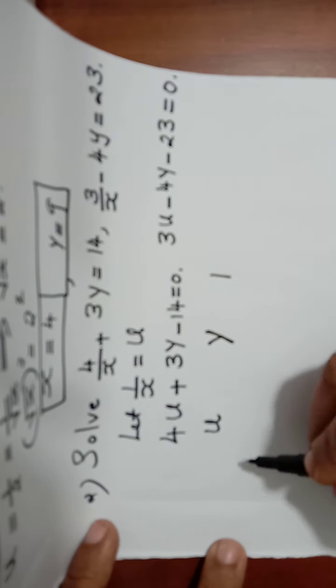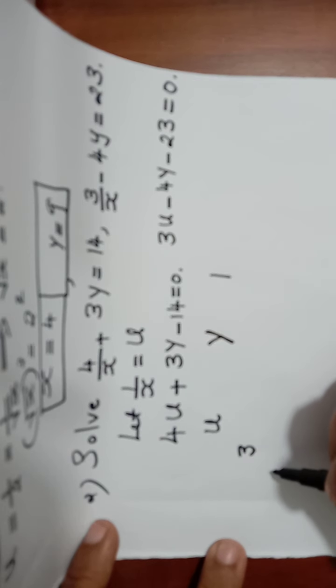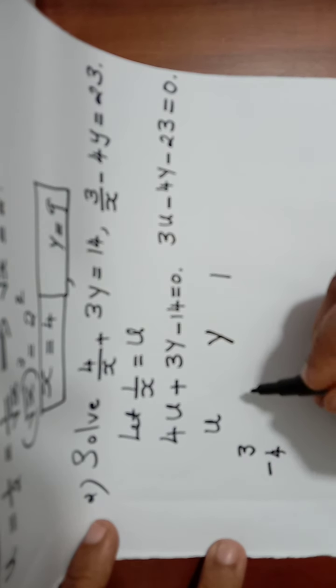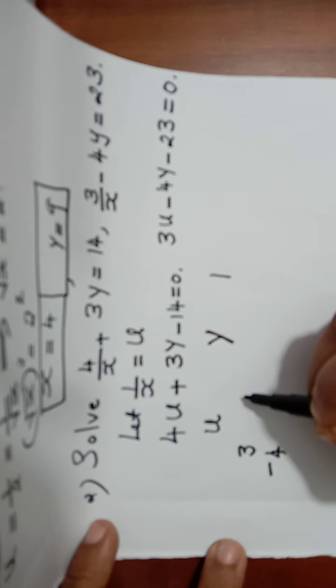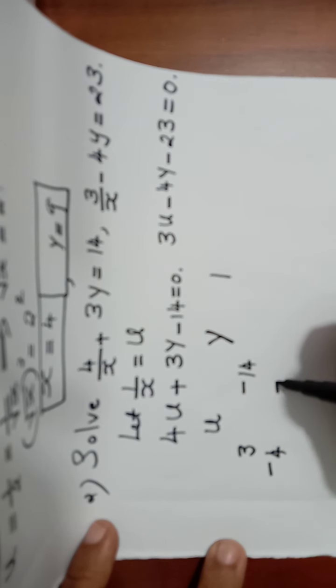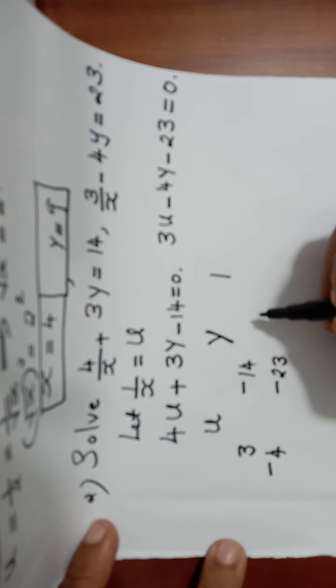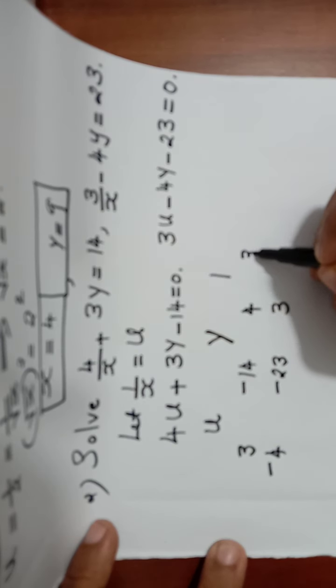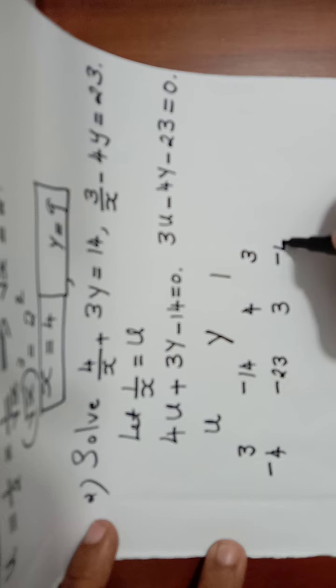So under u we have b1, b2, b1, b2, then c1, c2, c1, c2, a1, a2 again. This is b1, b2.